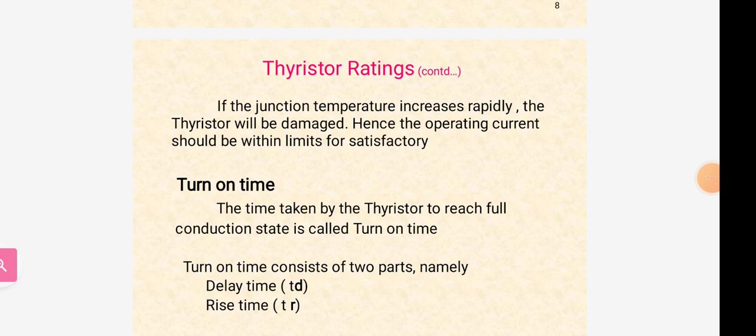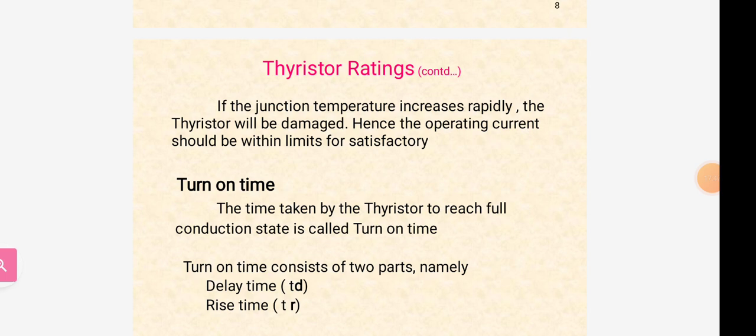In this, the rating measures the thermal energy that the device can absorb for a short time before the fault is cleared by the fuse. I square T rating is given by the RMS value of one cycle surge current squared times the time for one cycle.